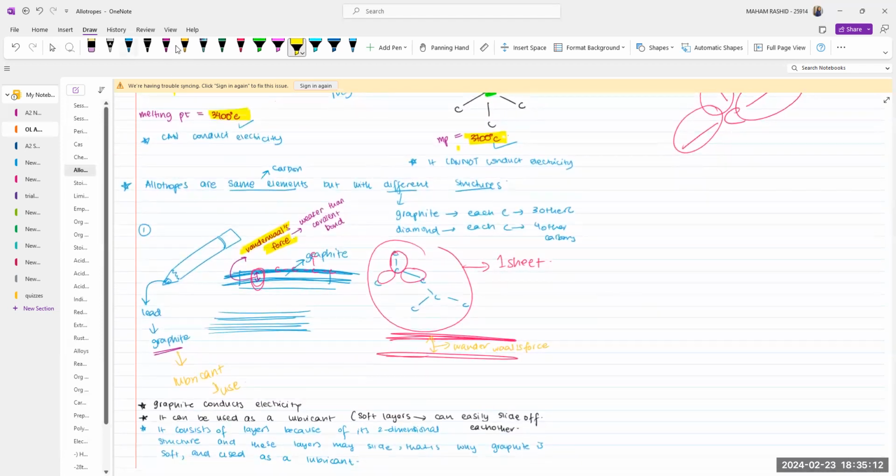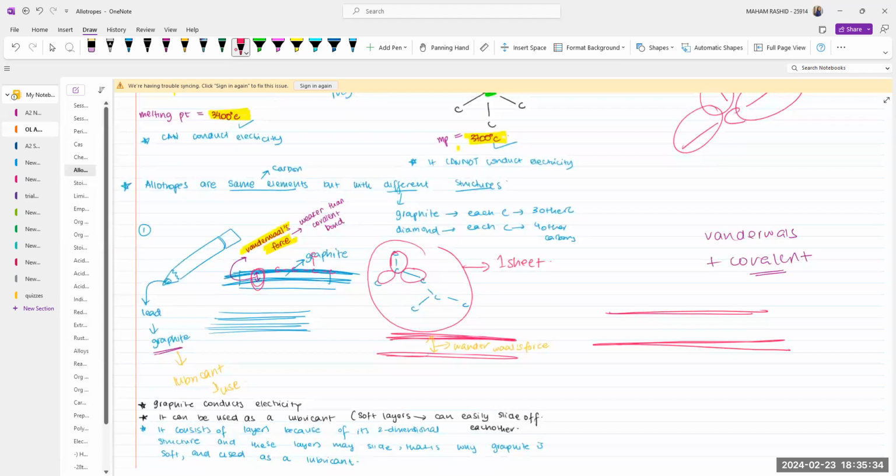And graphite, we also discussed that graphite has two types of bonding. Graphite has van der Waals forces as well as normal covalent bonds. Why does graphite have van der Waals forces of attraction? Because graphite is a structure that is made of sheets.